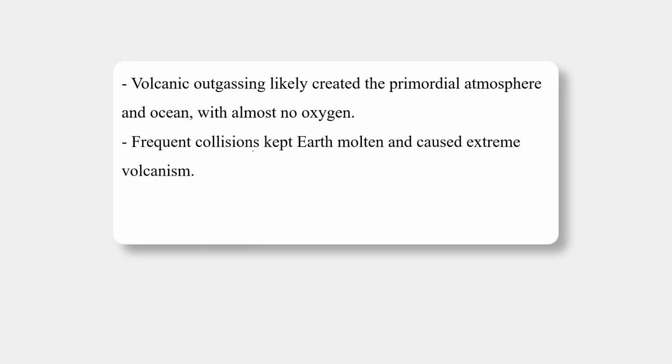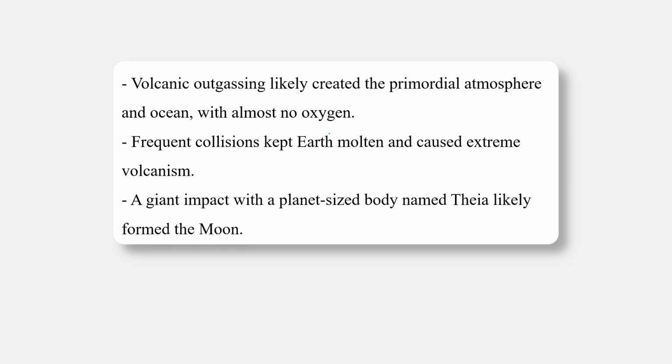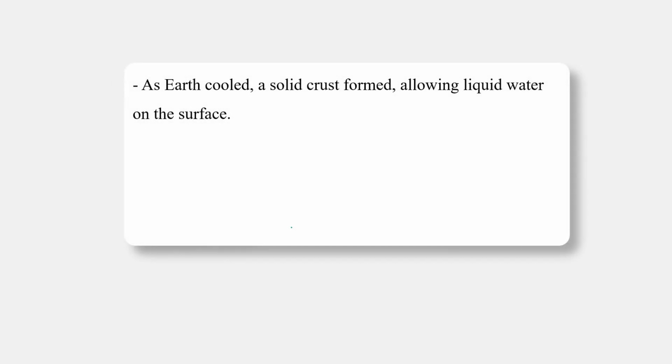Frequent collisions kept the Earth molten and caused extreme volcanism. A giant impact with a planet-sized body named Theia likely formed the moon at that time. And slowly, the Earth cooled down and a solid crust formed, allowing liquid water on the surface.